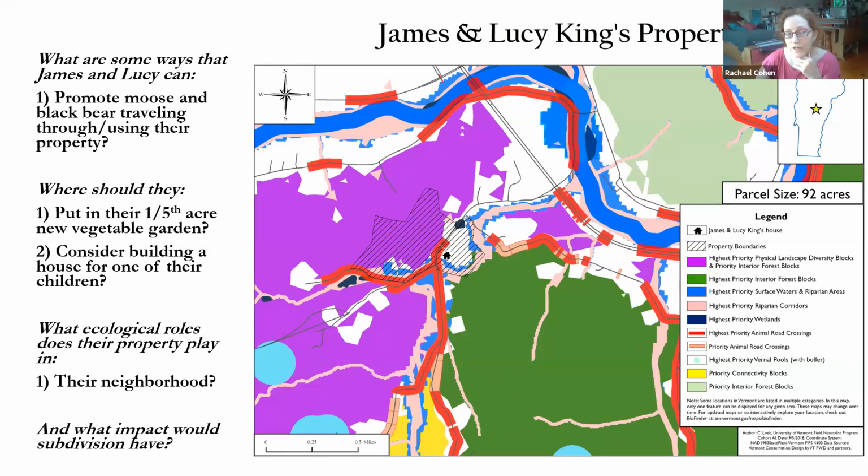Okay, so just considering question number 1 about moose and black bear, since the whole southern boundary of the property is along this wildlife crossing, it seems like exploring that corridor or that property boundary and seeing what condition it's in, what kind of things are happening with it.